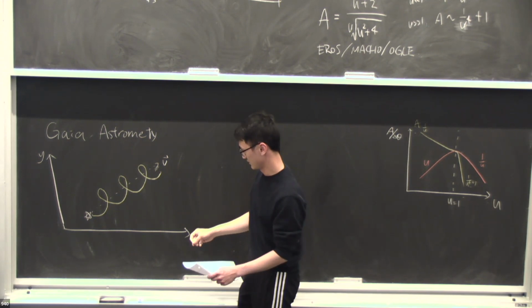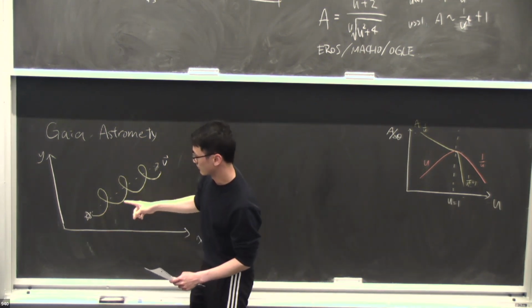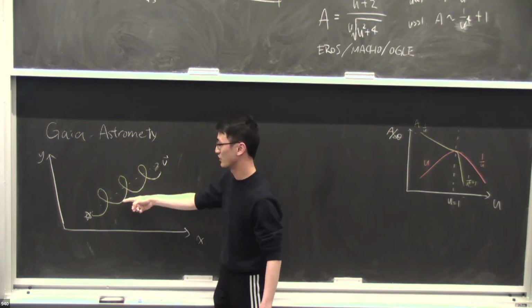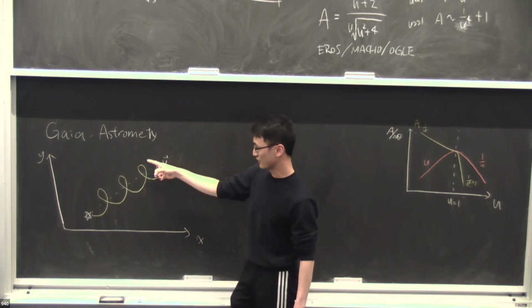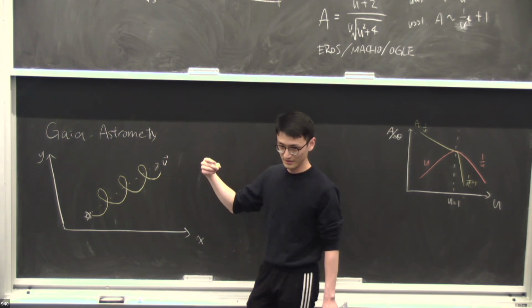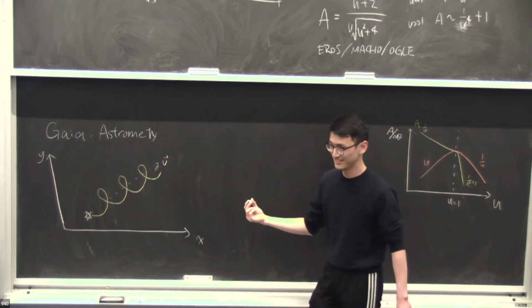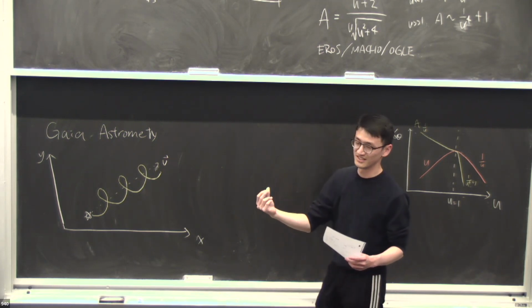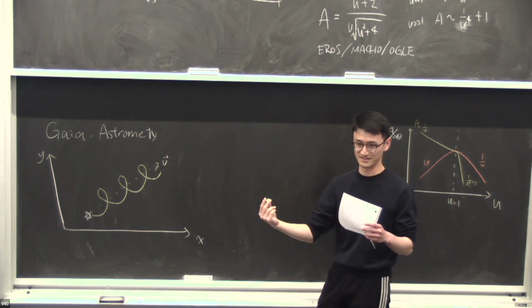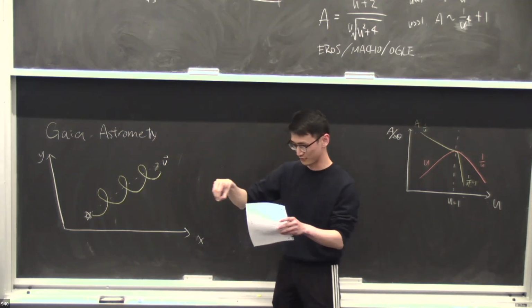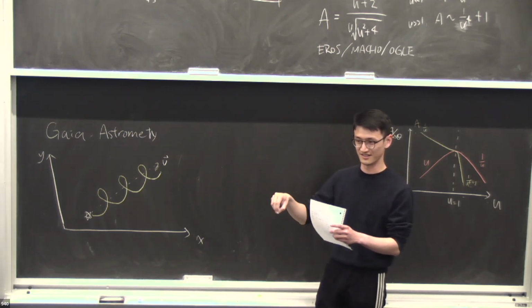Let's say we take a snapshot of this star every month, then you will see it undergo this circular motion with a period of 1 year. This is the parallax effect, and it's caused by Earth orbiting the sun, so we're seeing the star at different locations compared to the sun.